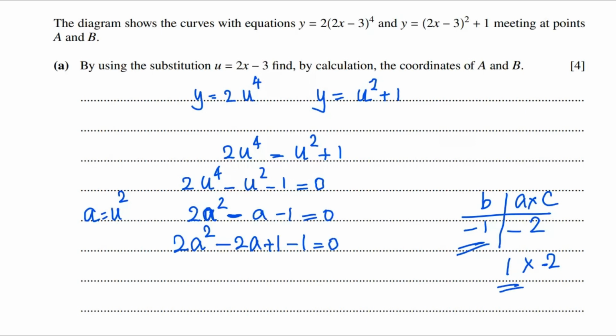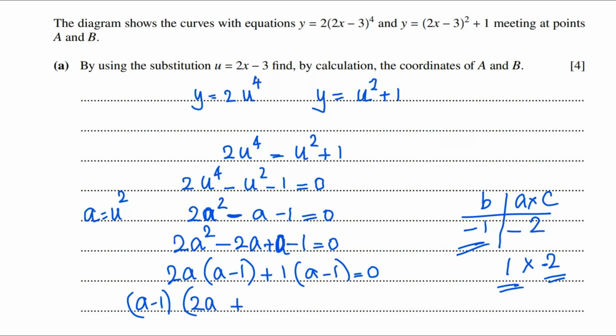So this is 1 and negative 2. For this, I have written negative 2a and positive a. Now take 2a commonly. We get 2a times (a minus 1) plus 1 times (a minus 1) equals 0. Taking (a minus 1) commonly, you get (a minus 1)(2a plus 1) equals 0.